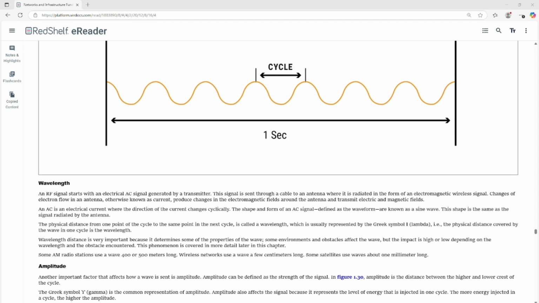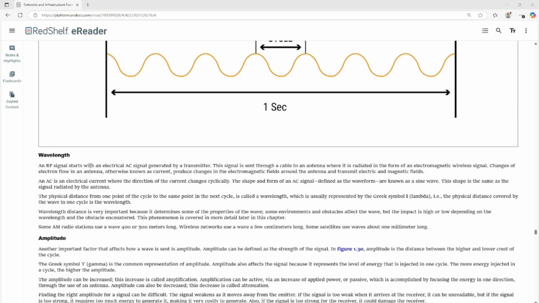Wavelength, like I mentioned before, is simply the distance over which a wave shape repeats.